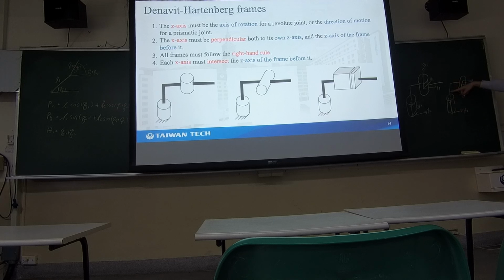As z1 is in this direction and z0 is in this direction, in this direction we can pass through both z1 and z0. And we cannot choose this direction, because in this direction the x-axis won't pass through the z-axis. So here will be x1, and through the right-hand rule, we will know the y.